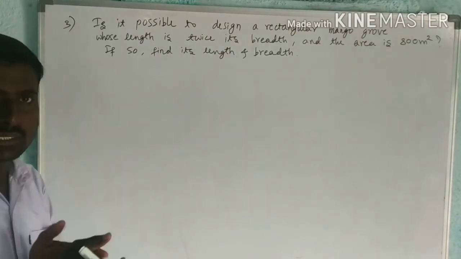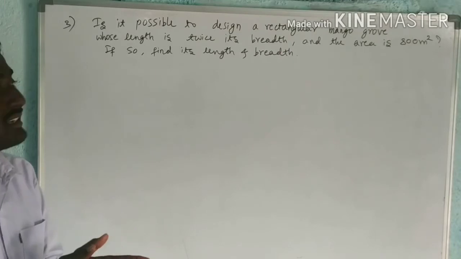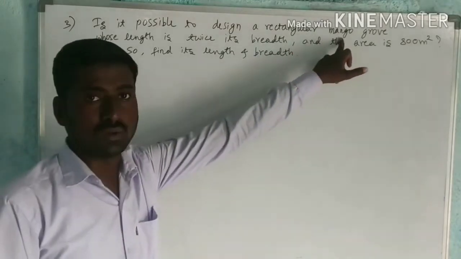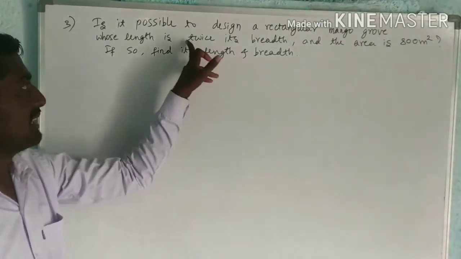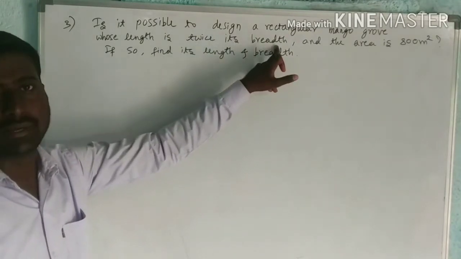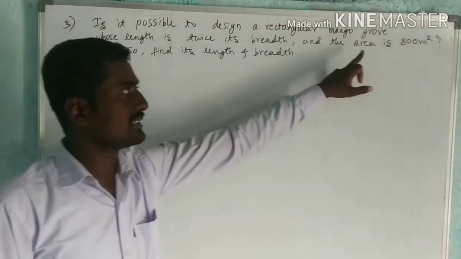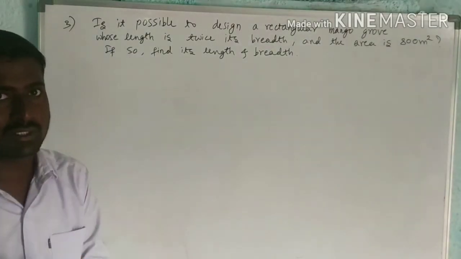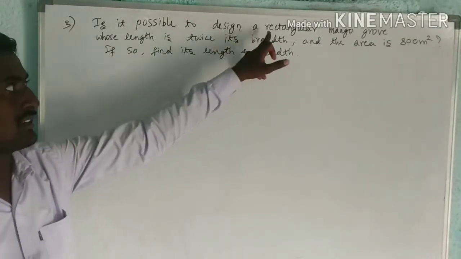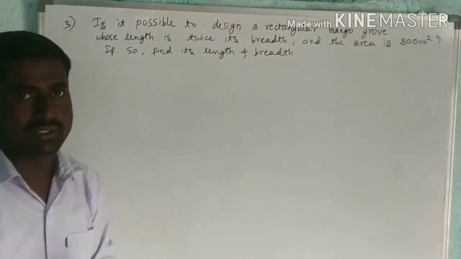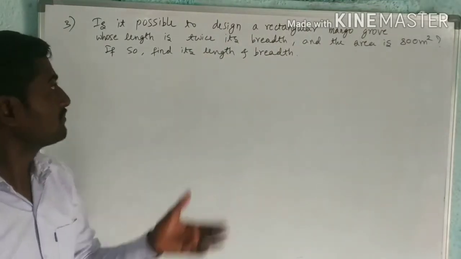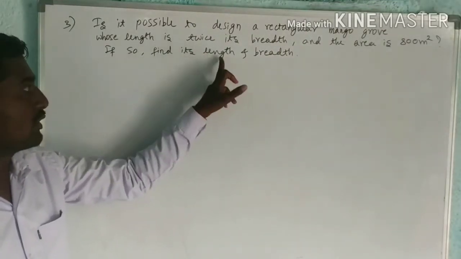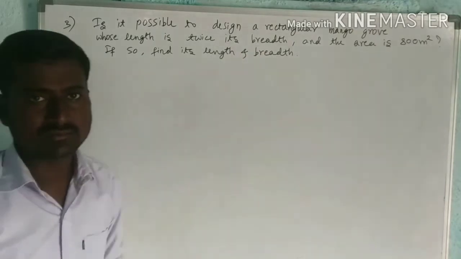So, is it possible to design a rectangular mango grove with the conditions that its length is twice its breadth and the area is 800 meters square? First you have to check whether it is possible to design that rectangular mango grove or not. If it is possible, then you have to find the length and breadth.